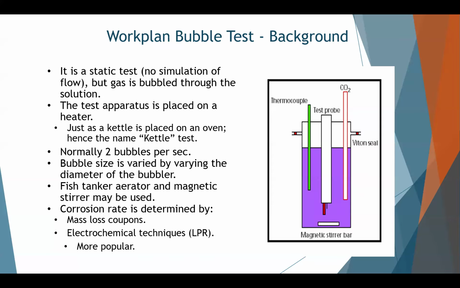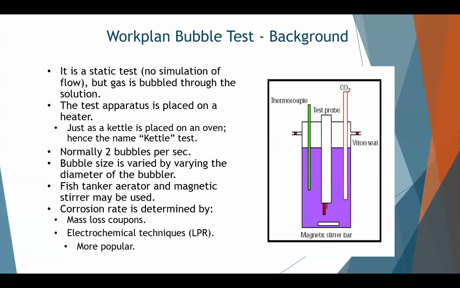Bubble size is also important. The diameter of the tube through which the bubble goes will affect the saturation. Some people use aeration if they are going to test under aerated conditions. Some people use a magnetic stirrer. They all affect the corrosion rate and hence the inhibitor performance.